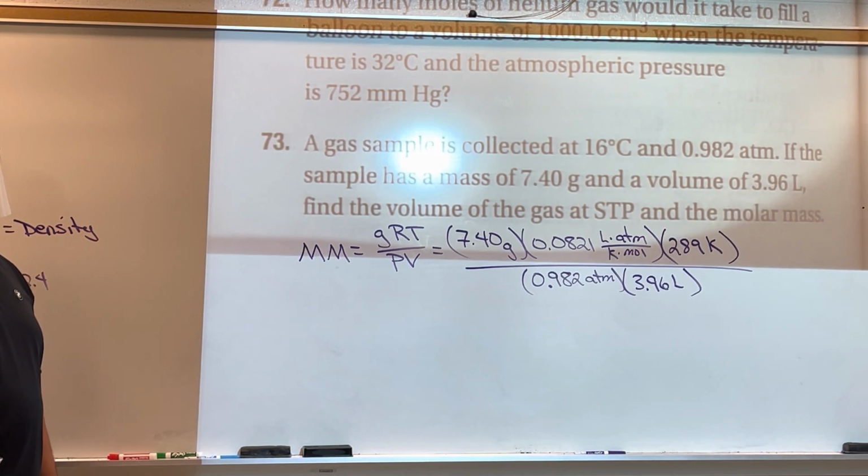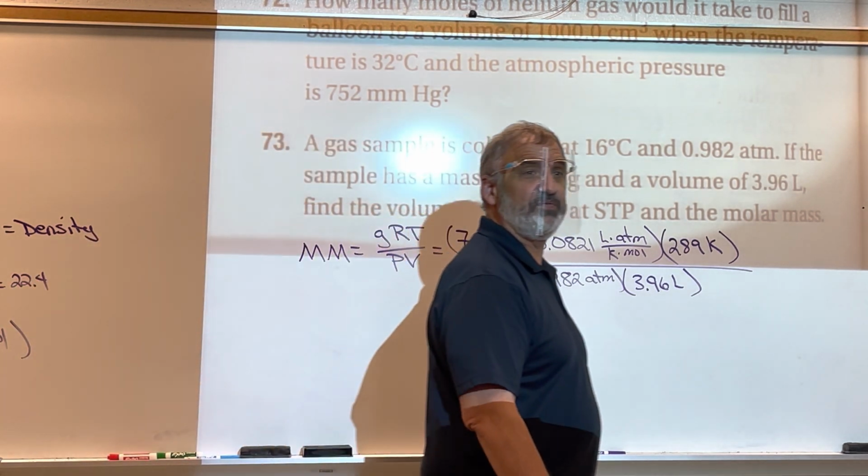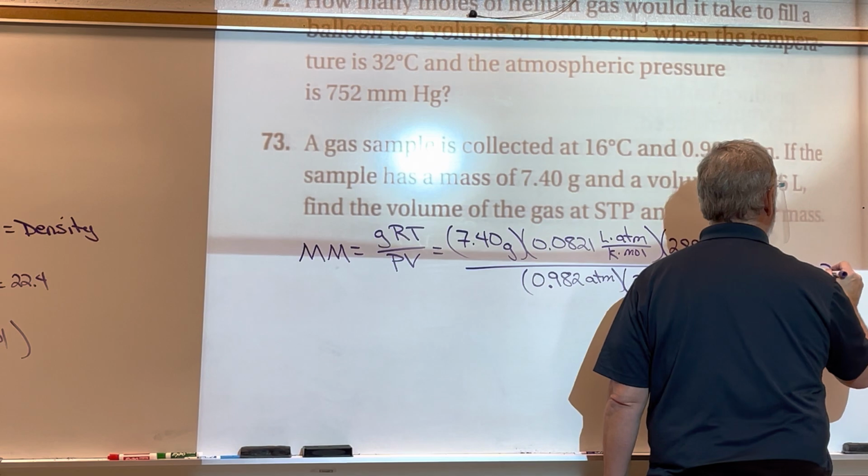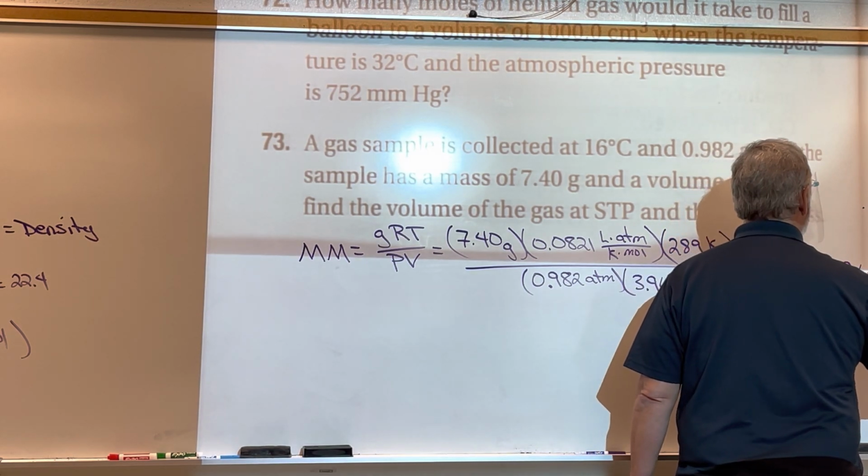And all of that turns out to equal 45.2. I see 2 people shaking their head. 45.2. Make sure we can put this into your calculator right. And it turns out to be grams per mole.